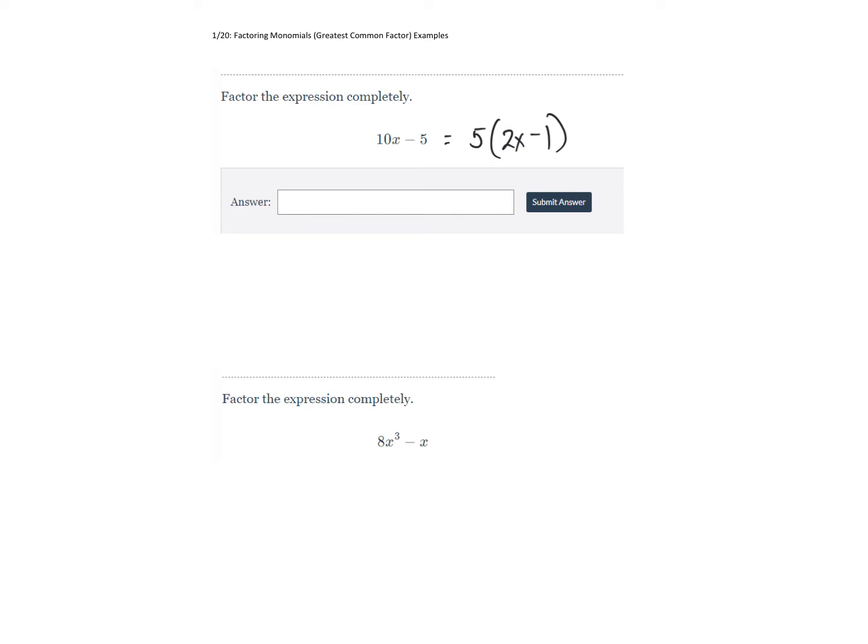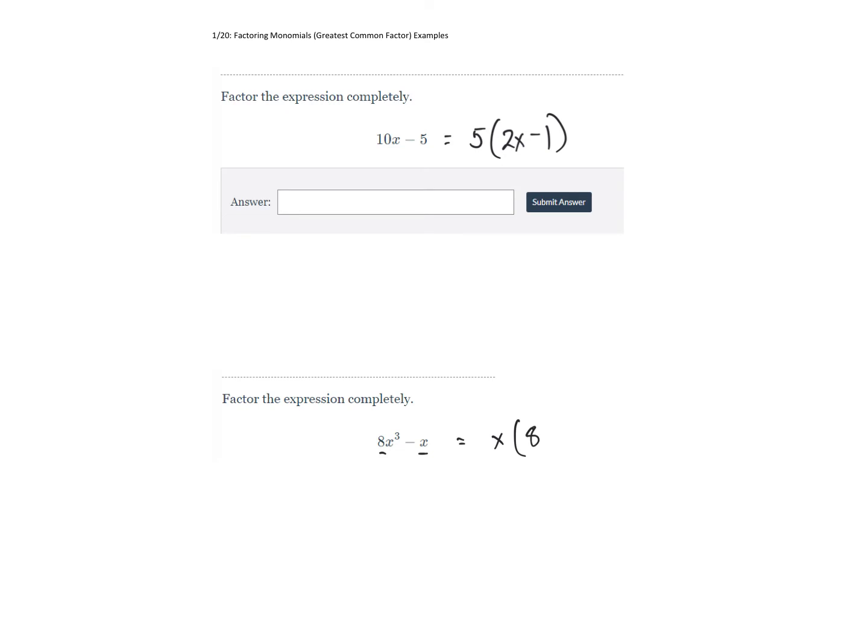And then number 2 here, factor the expression completely. We have a binomial. It could be a trinomial or multinomial. But from each term, from this term and this term, what is that thing we can divide out? X, and it seems to be just one x. So what's left inside?